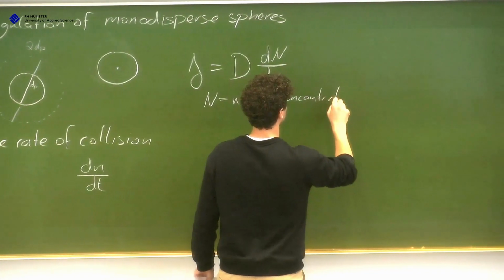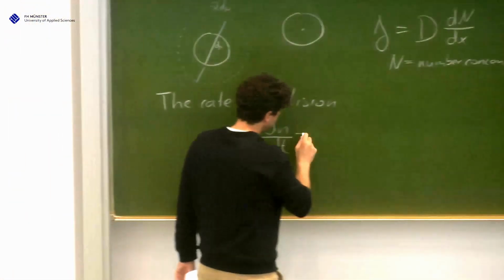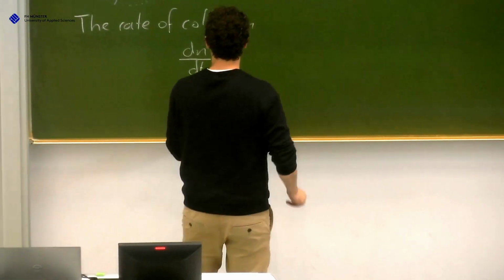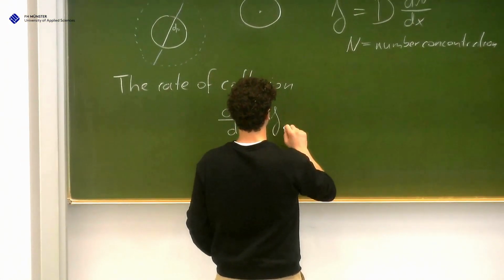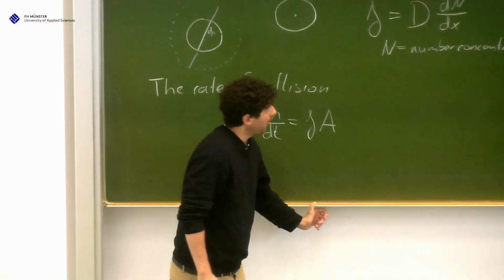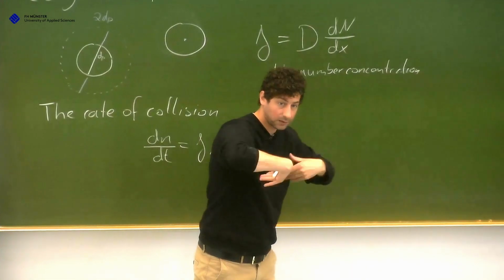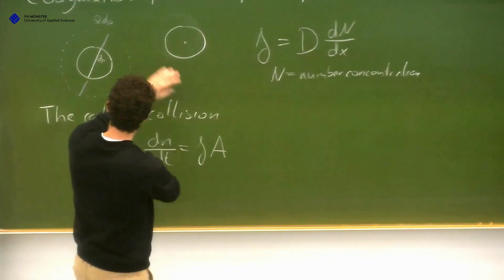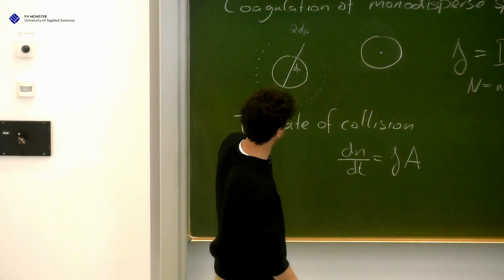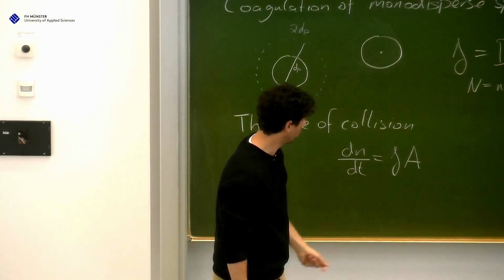And this is the flux times the area. The flux tells us how many particles are going through an area. And now I need the whole area, and then I can count my collisions, right? So if I know how many come and how large my area is, I can count the collisions.